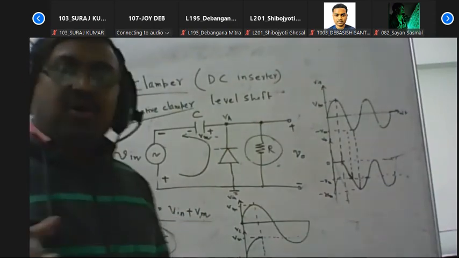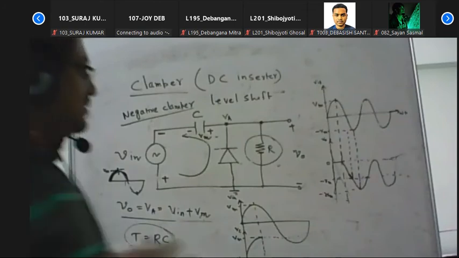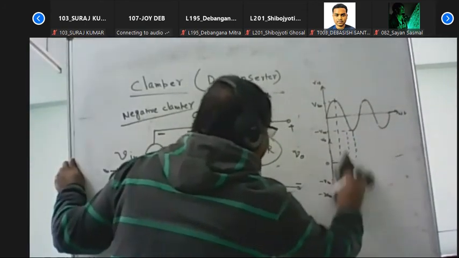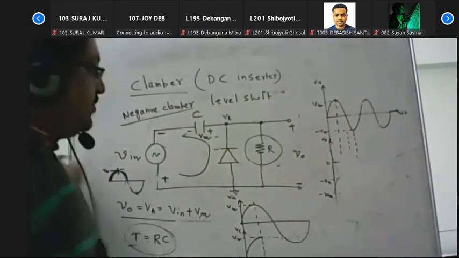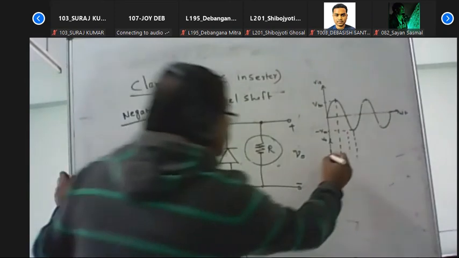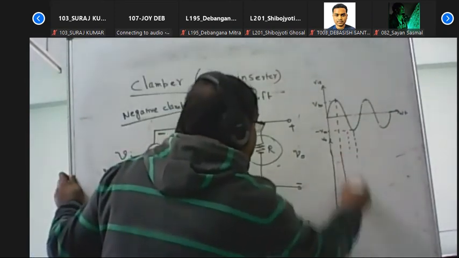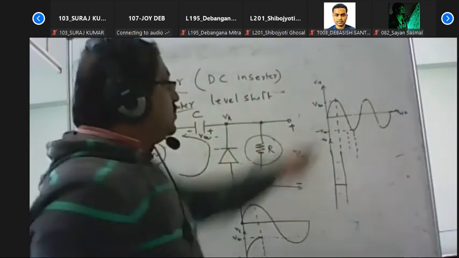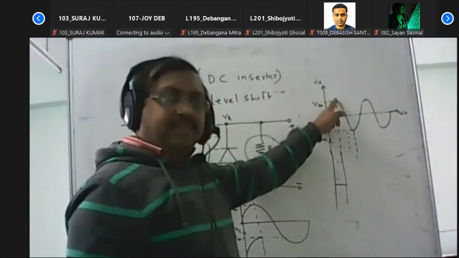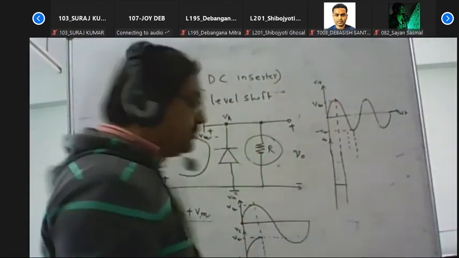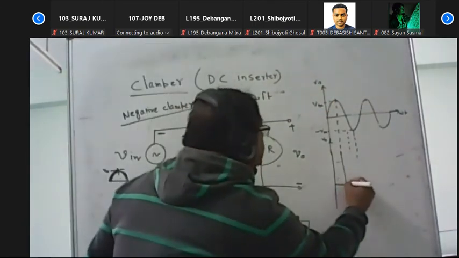So the only change occurs in the output signal. In the output signal, we see that for the first half cycle the output signal is 0. After that, it will start from 0 to 2Vm.